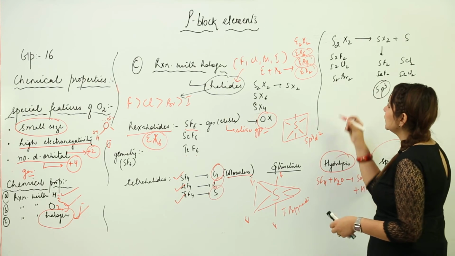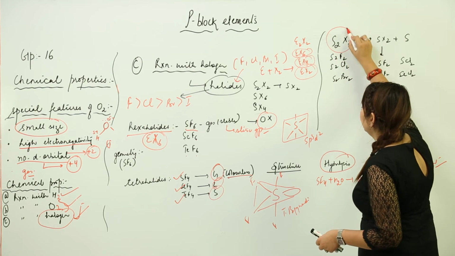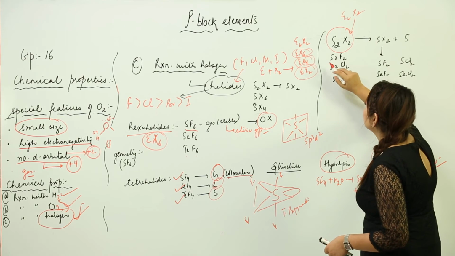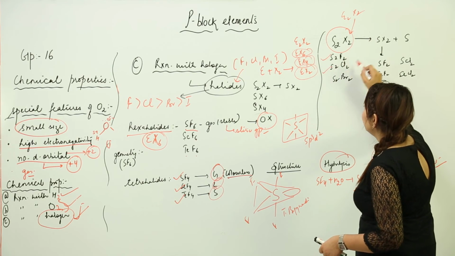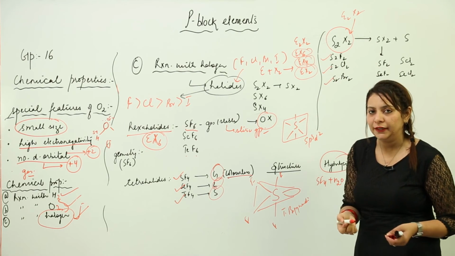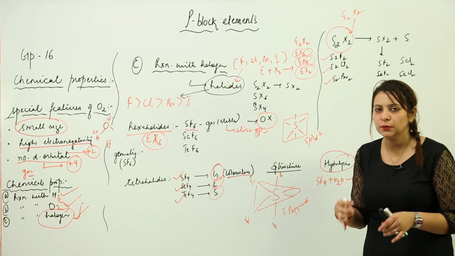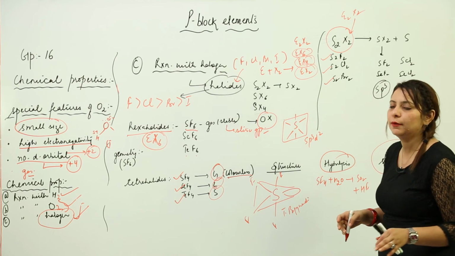The other type of halide is E2X2. Let us take an example of sulfur. Let us say S2F2, S2Cl2, S2Br2, likewise we can have many. So here we are talking about only sulfur. You can do it for the case of selenium or tellurium, any member from the family.